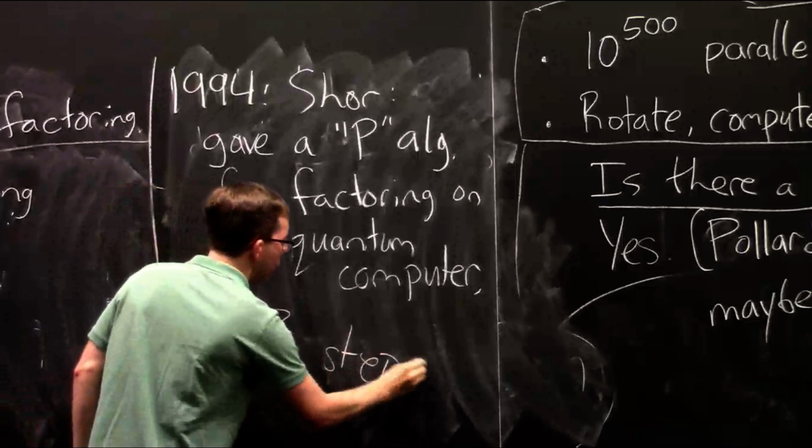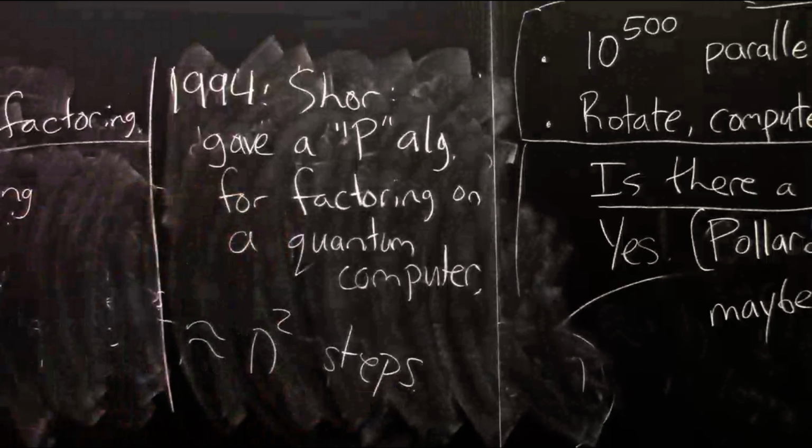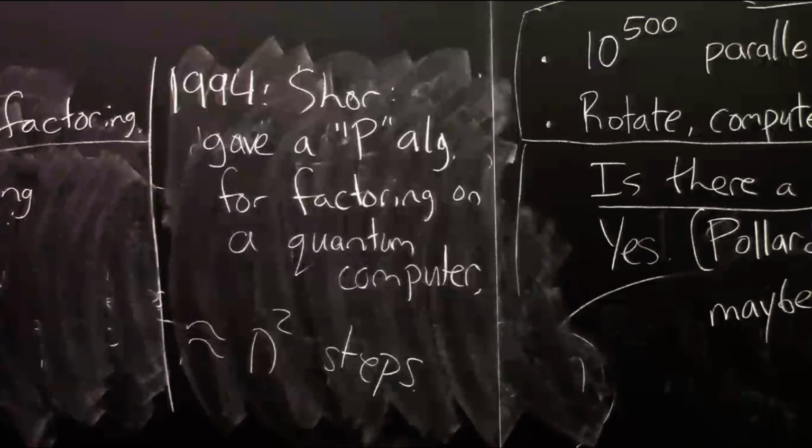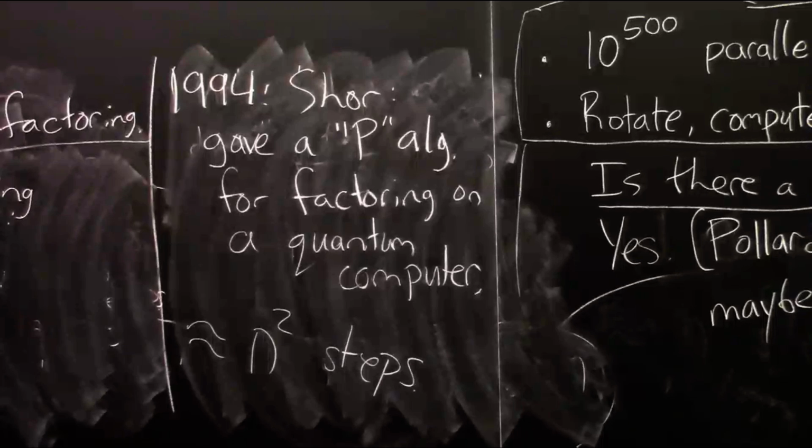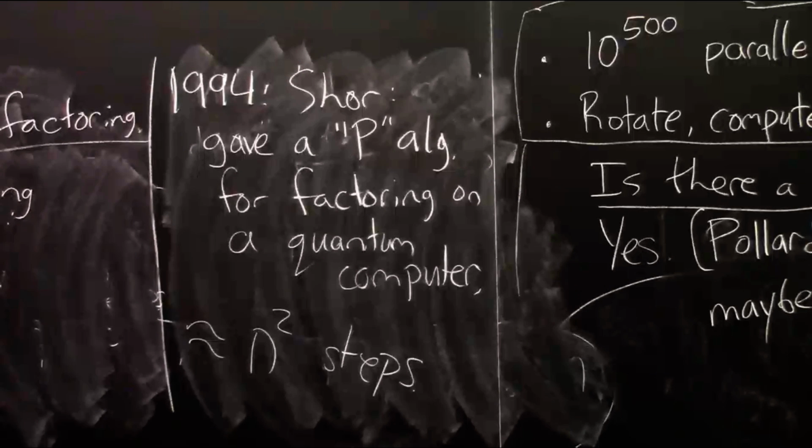Maybe there's a log factor, but n squared steps to factor an n-digit number. So if you had a quantum computer with as much processing power as a random cell phone, you could do this $200,000 task in 1 second. That's pretty awesome sounding.